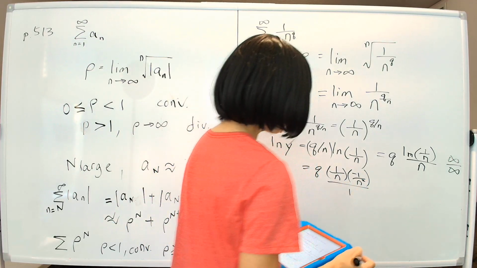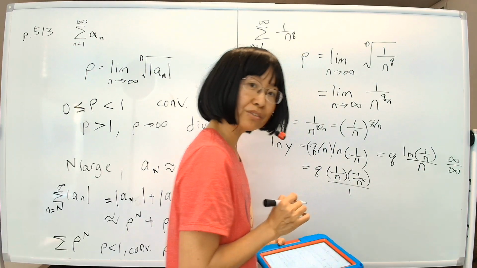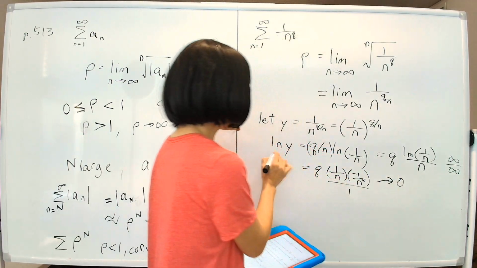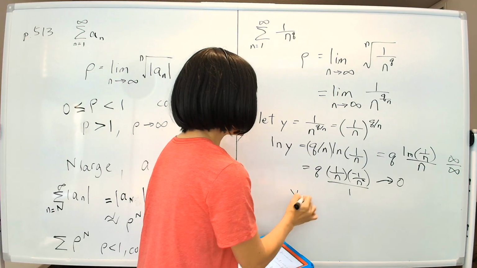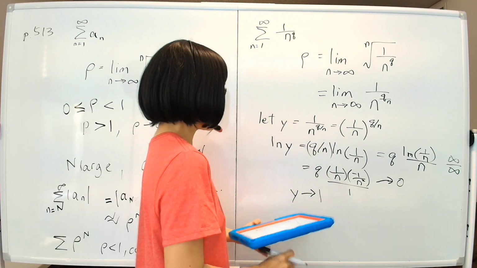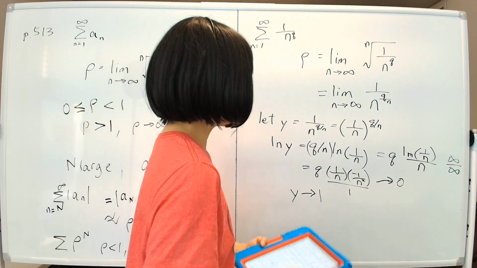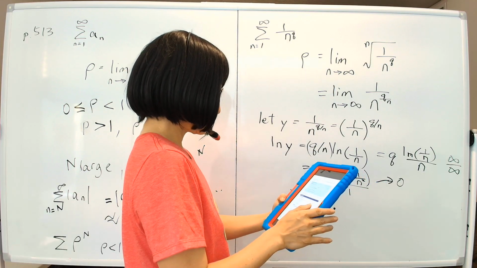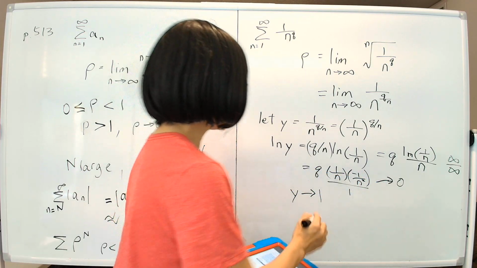So as n goes to infinity, this all approaches 0. So natural log of y approaches 0, which means y approaches 1. Well, yeah, natural log of 1 is 0. And therefore rho equals 1.